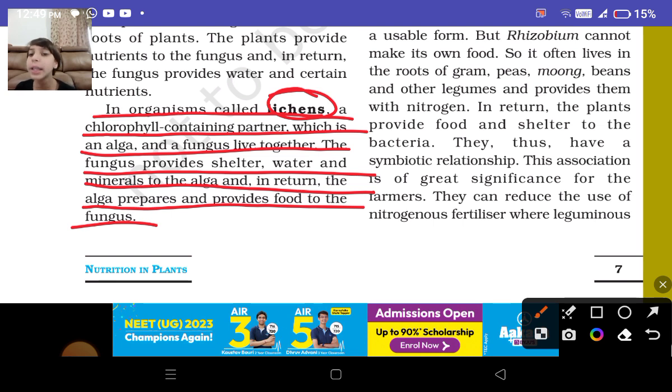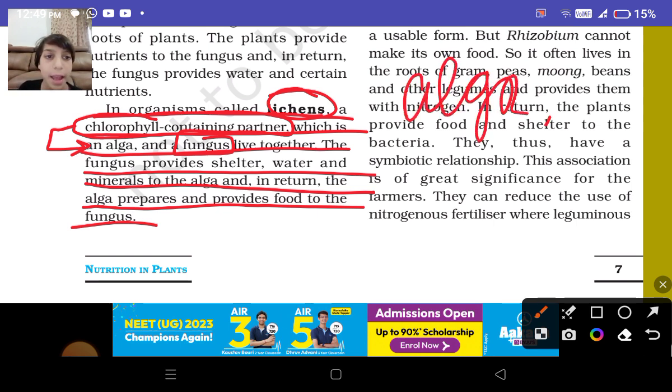In lichens there is a chlorophyll containing partner, meaning a partner that contains chlorophyll, and this partner is an alga, and with the alga a fungus also lives. So the third combination is alga and fungus.